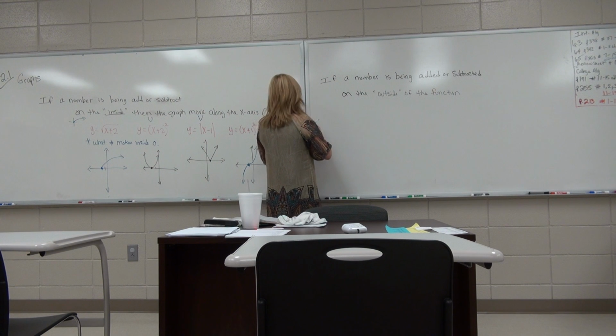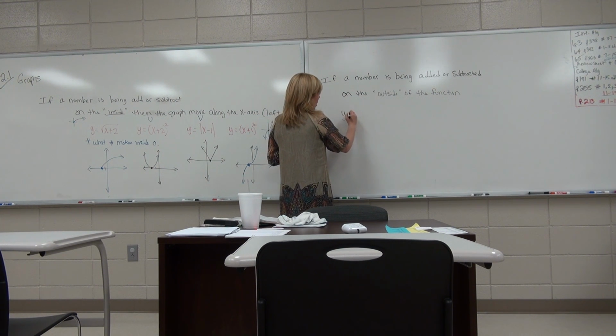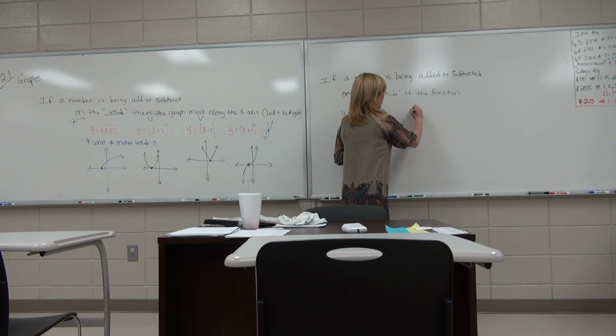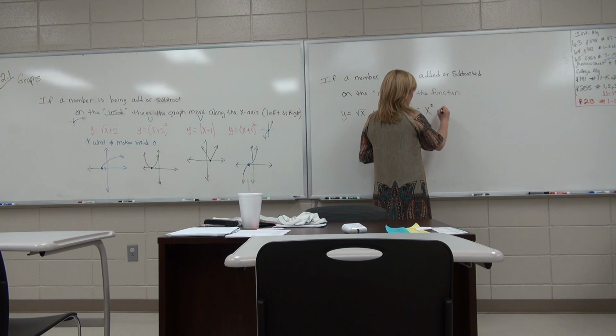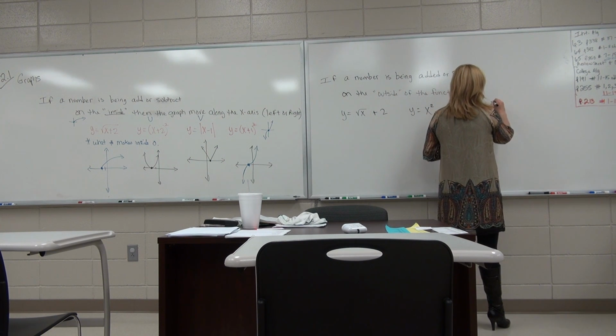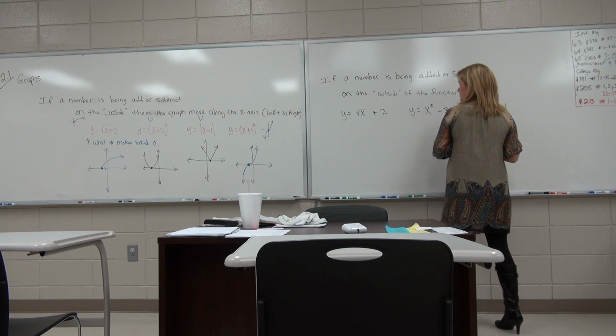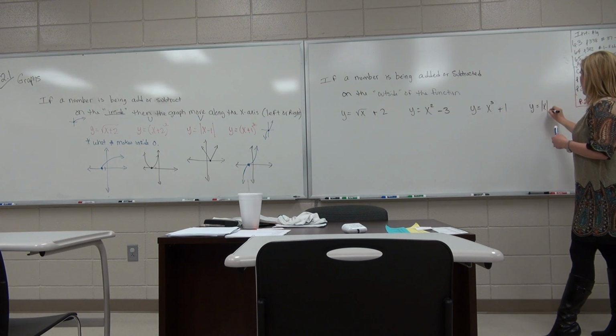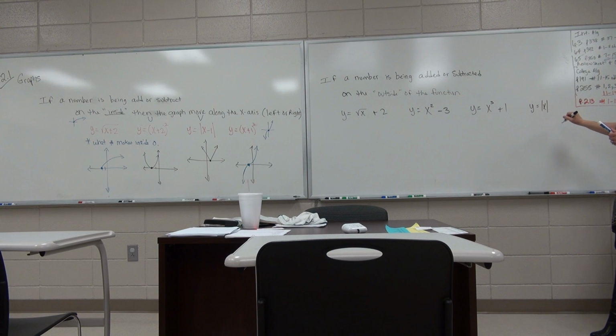So this would be like if I had something like y equals the square root of x plus 2, or y equals x squared minus 3, or if I had something like y equals x cubed plus 1, or y equals the absolute value of x plus 4.